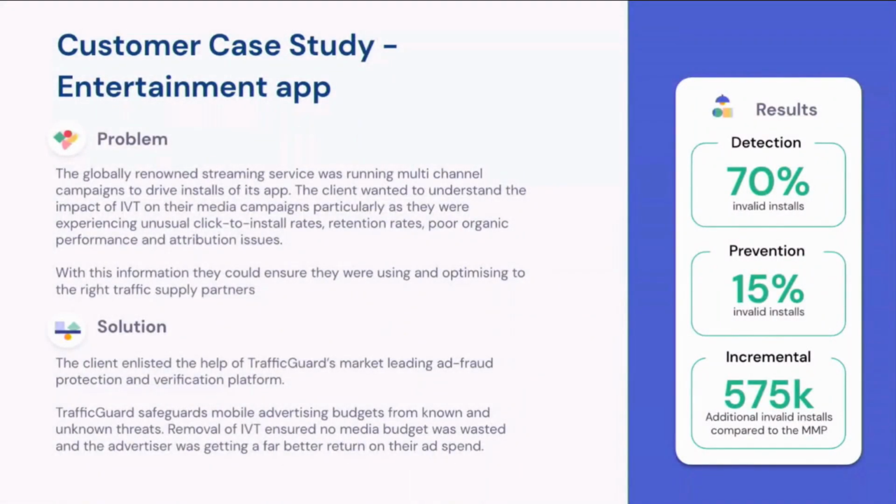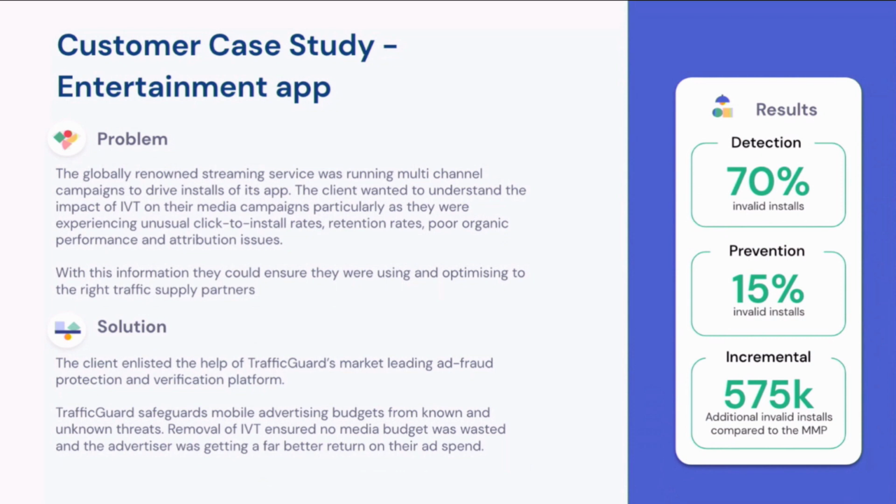And this is another example case study from one of the world's leading entertainment apps. If and when we connect offline, we can give you all of these brand names, and you'll realize that they're some of the world's largest advertisers. And you can see that by integrating with this particular product, this attribution correction product, we were able to take a client where 70% of their installs were either not real or were being attributed to the wrong partner.